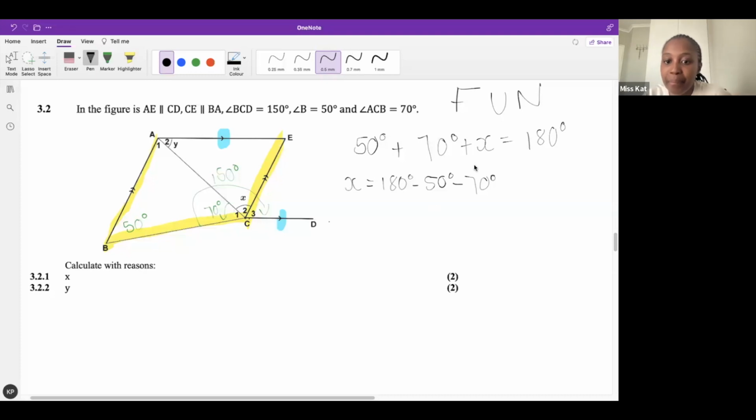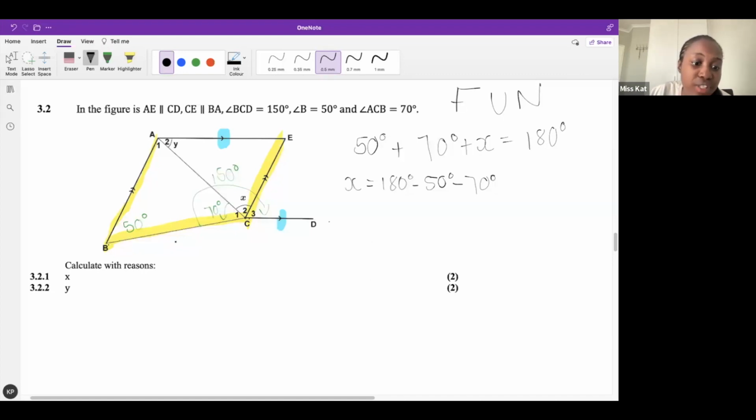Ma'am, I have a question. Isn't there a Z if you go from B to A, then from C to E? There is, but there is no angle here by A1, so that's not going to help us. Do you see that? Unless you do interior angles of a triangle. Is that what you did? Yes, ma'am. Yes, you can do that.